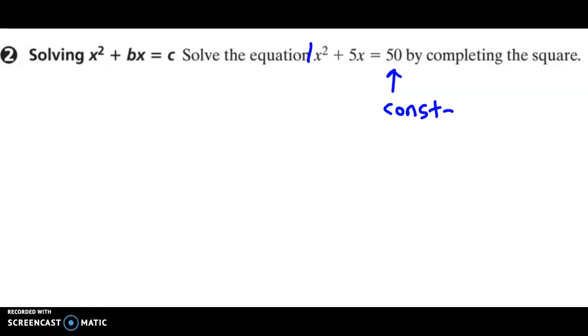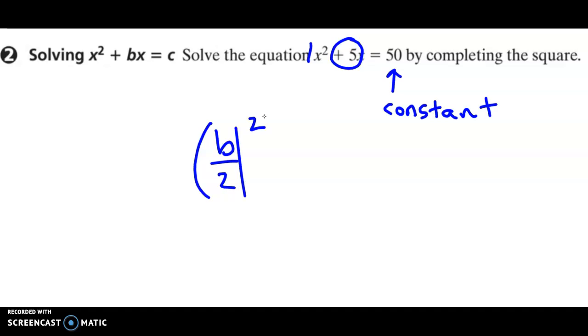But I'm not really worried about that right now. What I'm looking at is this value. So we're going to take b, divide it by 2, and square it. So b divided by 2 squared is really the formula that we have to use for all these examples.